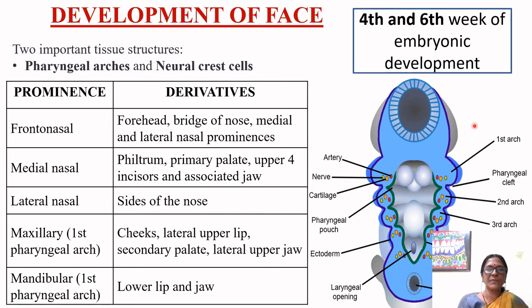For the development of the face, important tissue structures are the pharyngeal arches and the neural crest cells. There are prominences: the frontonasal prominence, the medial nasal prominence, the lateral nasal, the maxillary arch, and the mandibular arch, which give rise to the following derivatives.